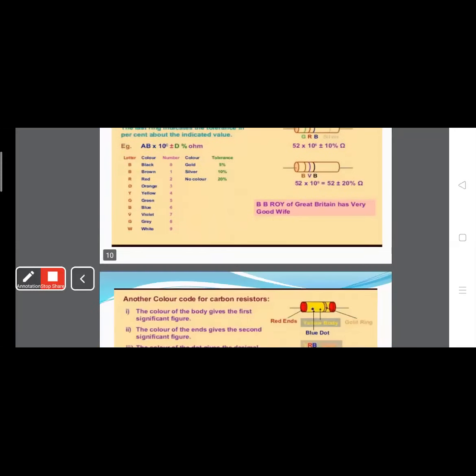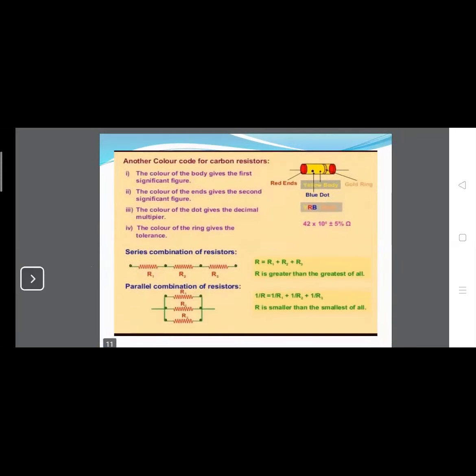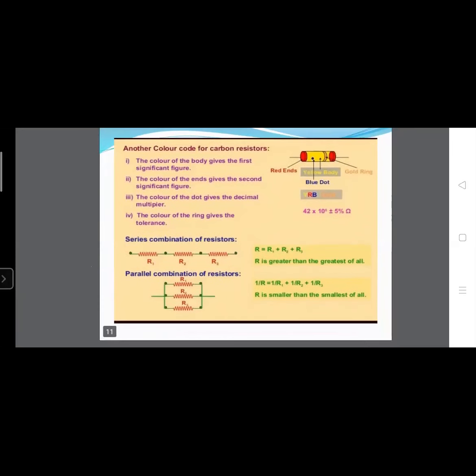In the other type of color coding, we saw that the color of the body gives the first significant digit, the color of the end gives the second significant digit, the color of the dot gives the decimal multiplier, and the color of the ring gives the tolerance. So this was about color coding of carbon resistance. I think this is clear to you.